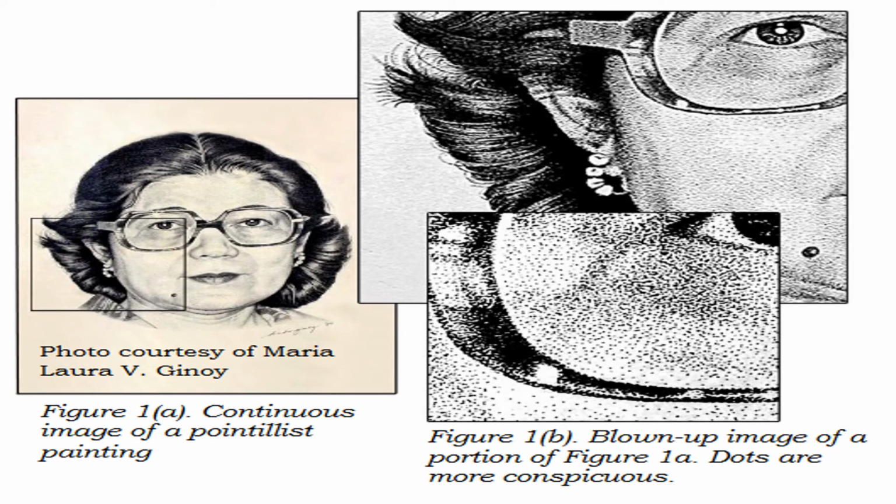In the closer look, a blown-up image of a portion of figure 1A, the dots are more conspicuous. So it is very clear. From afar, you can barely see the dots. But when it is blown up, you can see that the portion has dots.